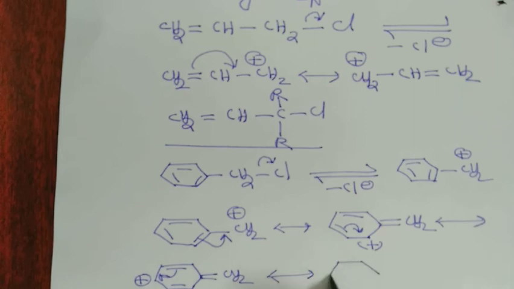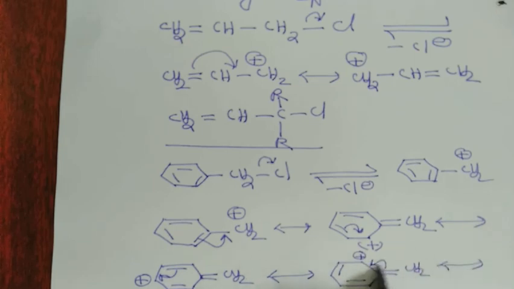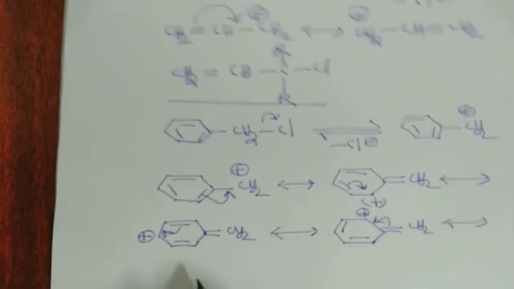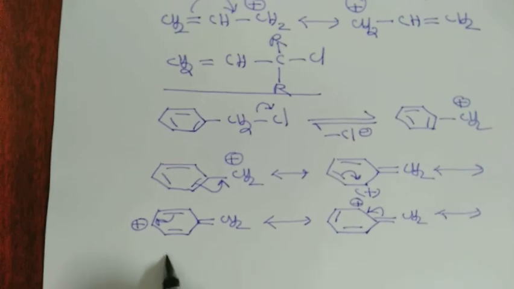So due to extra stability of carbocation intermediate, benzylic and allylic halides undergo nucleophilic substitution reactions through SN1 mechanism.